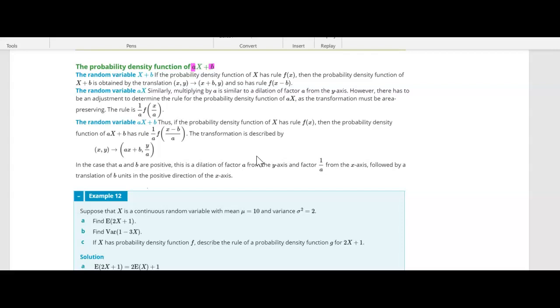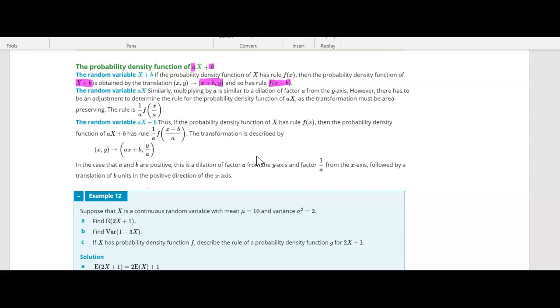So if the probability density function of x has the rule f of x, then the probability density function of x plus b, so we're still, the value of a is just 1, so we haven't had any dilation, we've just had a translation. The translation means it's moved to the right by b. So it's the same as the rule f of x minus b. You need to go back to your knowledge of transformations for this, but it's not overly complicated. It does seem more complicated than what it needs to be.